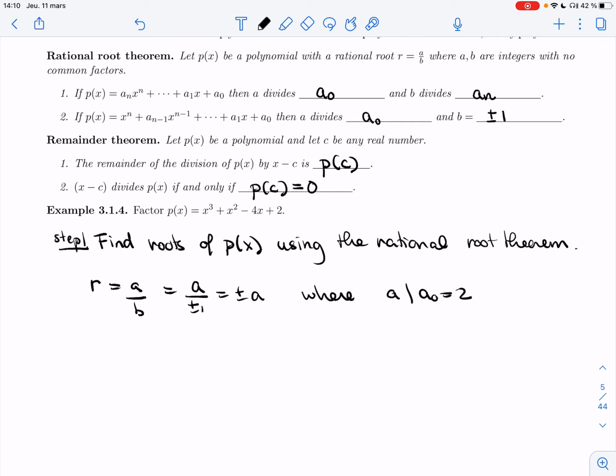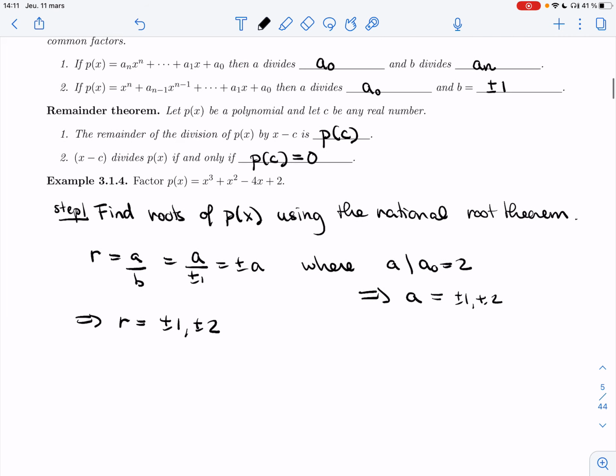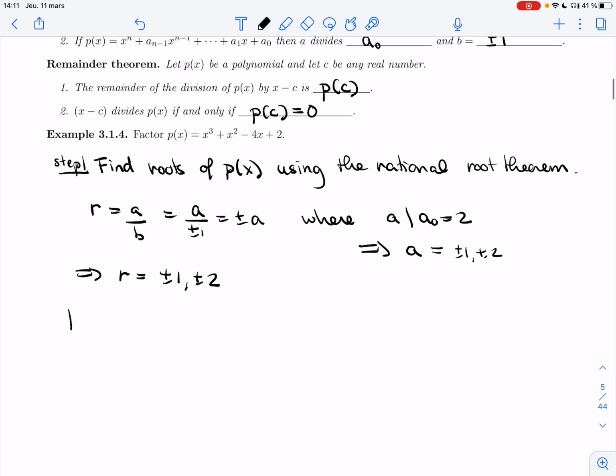So we don't have that many possibilities. The only divisors of 2 are plus or minus 1, plus or minus 2. So we end up with 4 possibilities. All right, let's try them.